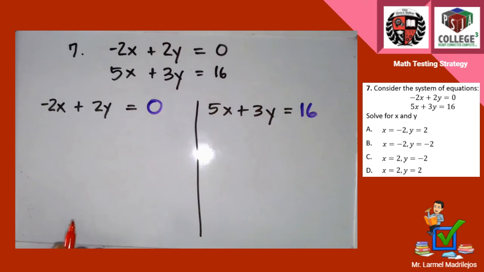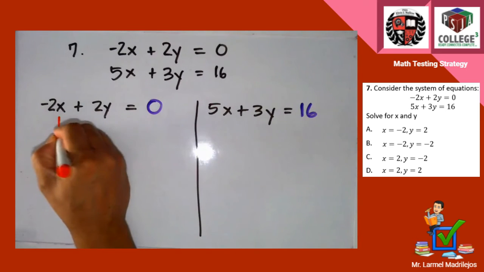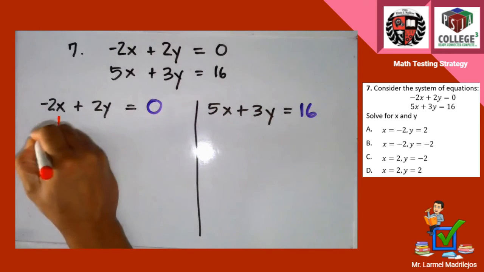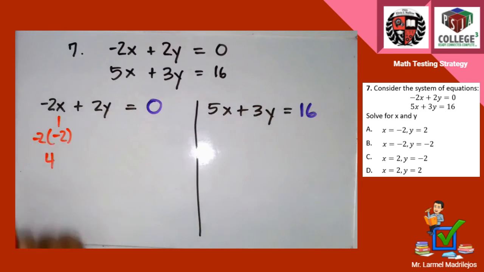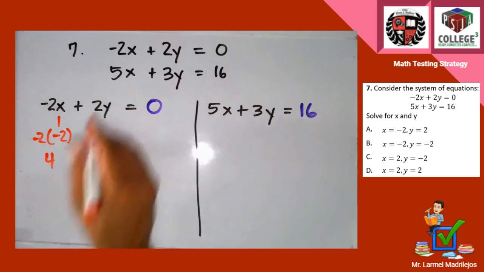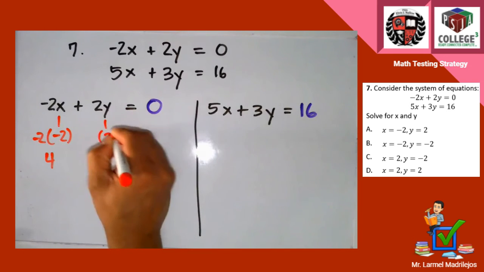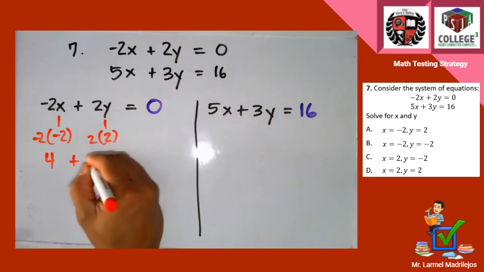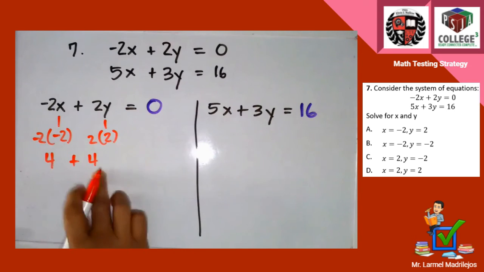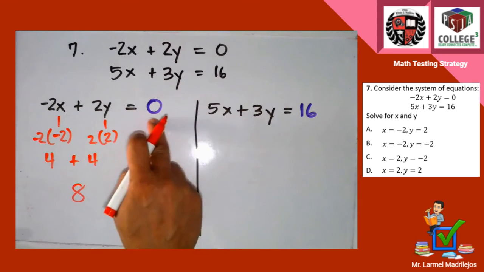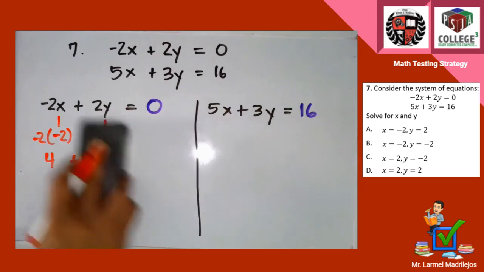Choice A, when x is negative 2 times negative 2 is positive 4, and the y is 2 times 2, it's plus 4. So 4 plus 4 is 8. It doesn't match this number. So A is not the answer.